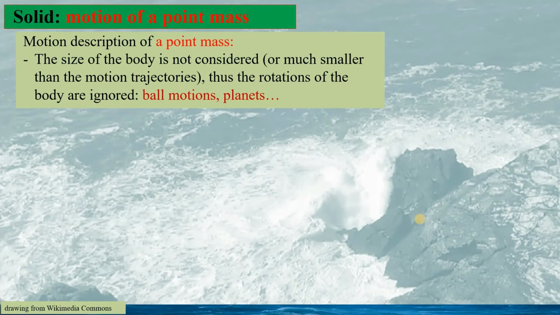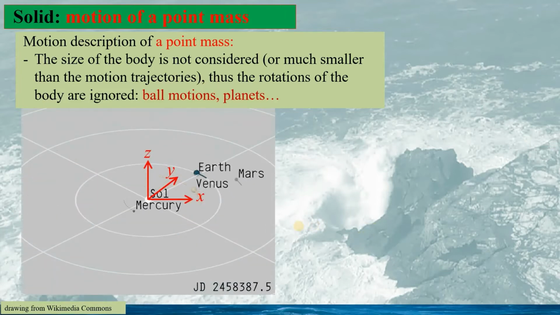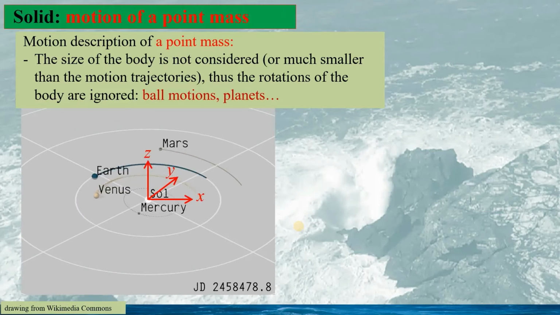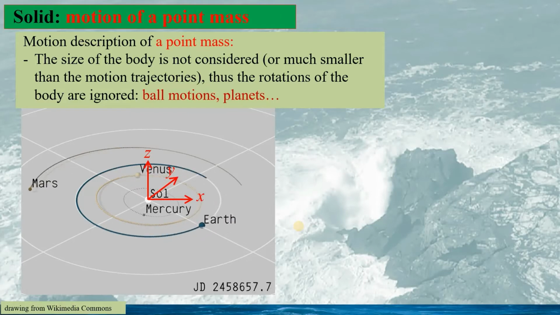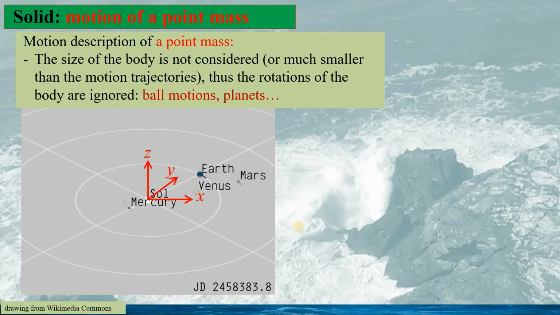To understand the fluid motion, we need to compare how we can describe the solid motion. The first example is the motion of a mass point. We start from this simple example to explain what is the Lagrangian representation. For a point mass, its body size is much smaller than the motion trajectory, hence the rotation motion of the body is ignored.